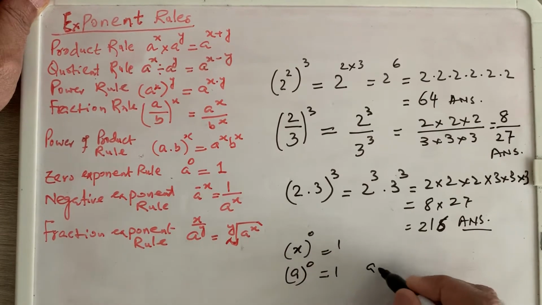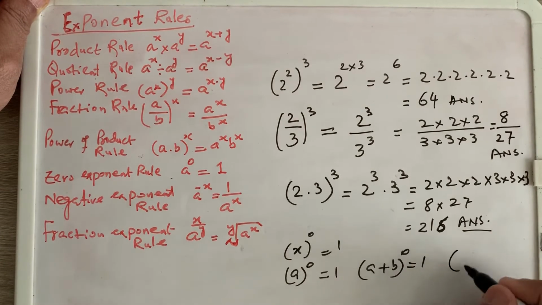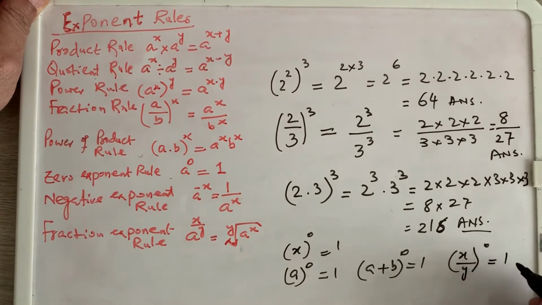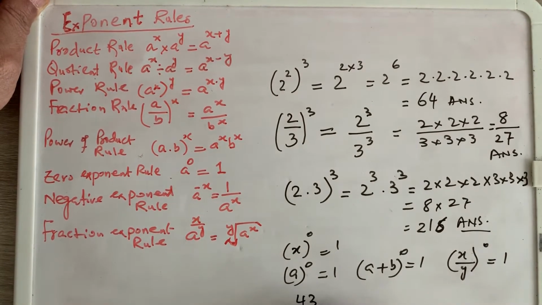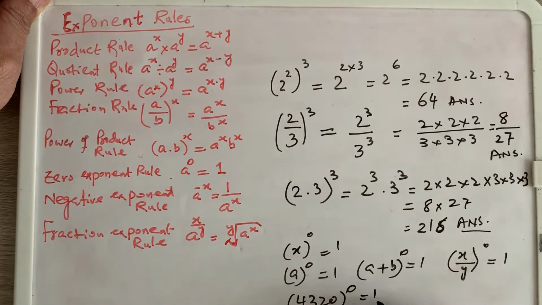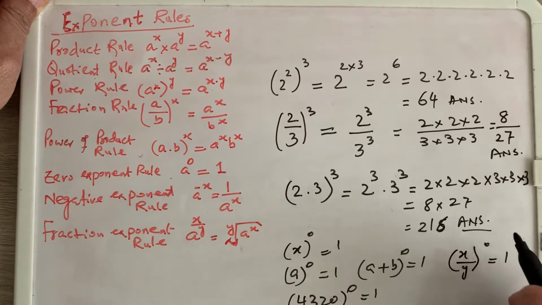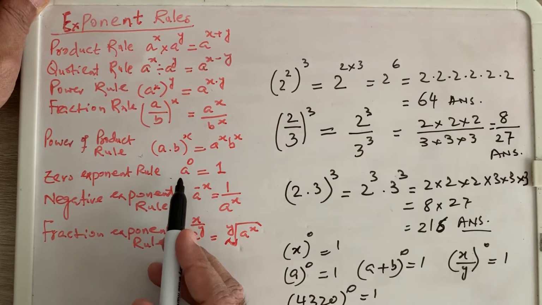If it is (a plus b) raised to the power 0, it will be 1. If it is x divided by something to the power 0, it will also be 1. Any number, any expression, anything, 4320 to the power 0, it is 1. So any number raised to the power 0 is 1. This is the zero exponent law or rule.